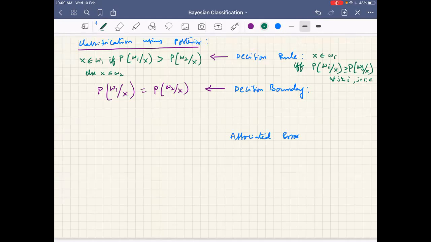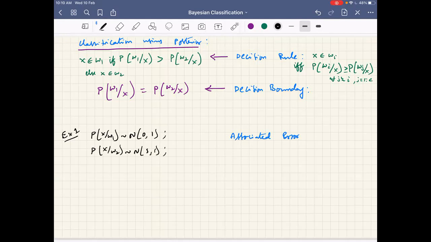Right. Now the question is, if I take the first example, let us take example 1. We'll go to associated error later. Wherein we have some p of x given omega 1 and p of x given omega 2. We can take a simple case just to start, and then p of x given omega 2 is normal with 1 comma 1.